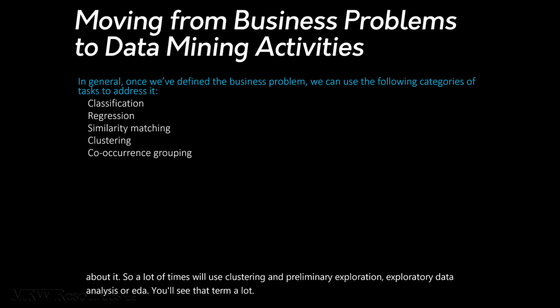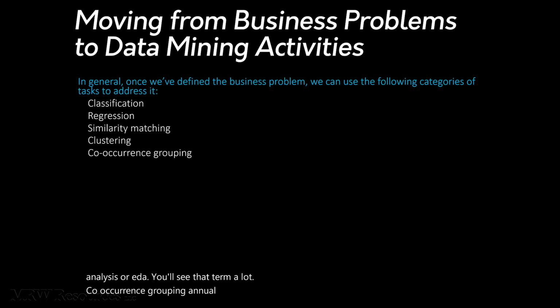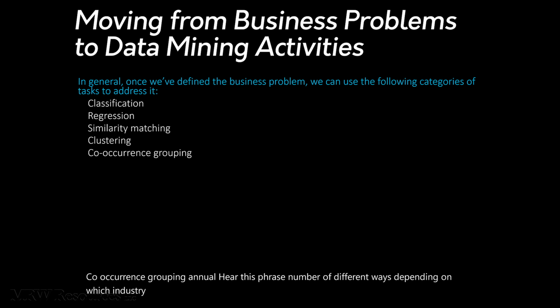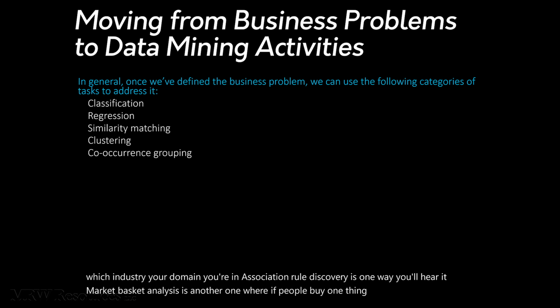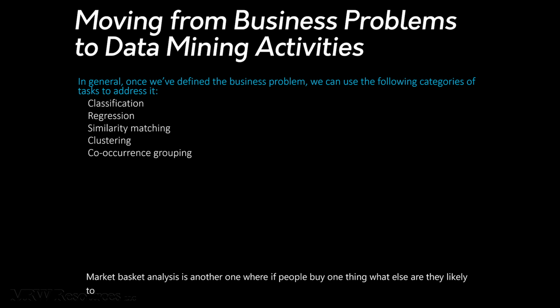Co-occurrence grouping, and you'll hear this phrased a number of different ways depending on which industry or domain you're in. Association rule discovery is one way you'll hear it. Market basket analysis is another one, where if people buy one thing, what else are they likely to buy? The whole Walmart hurricane thing falls into that category.